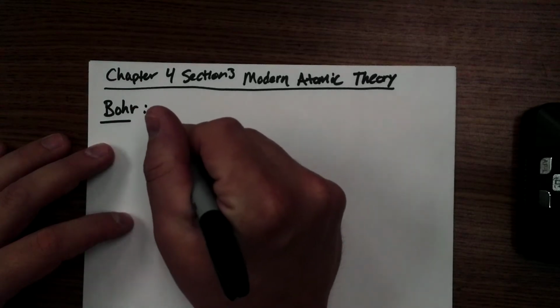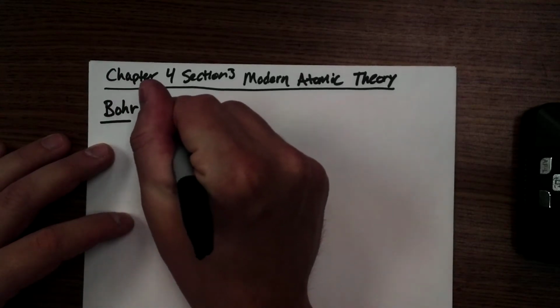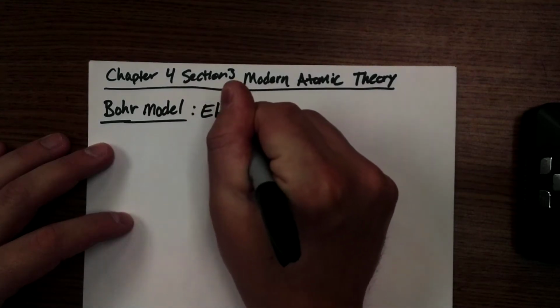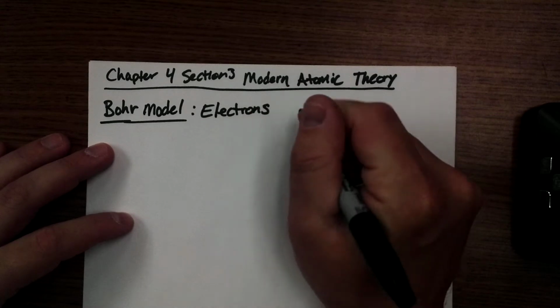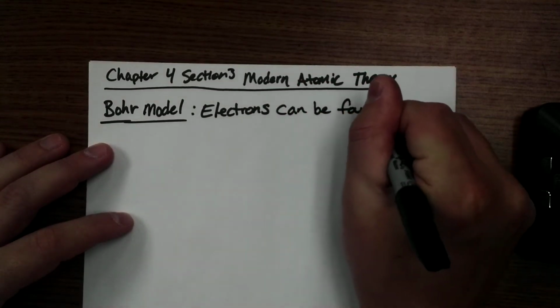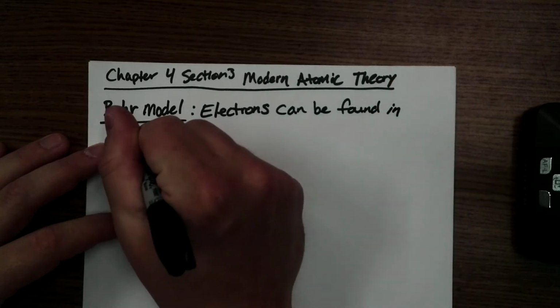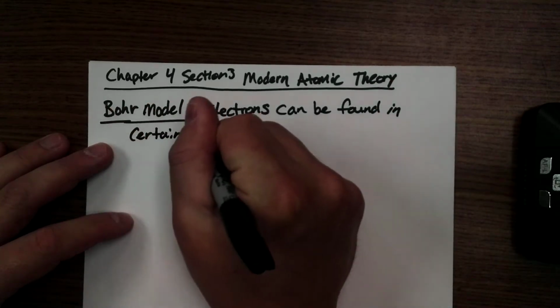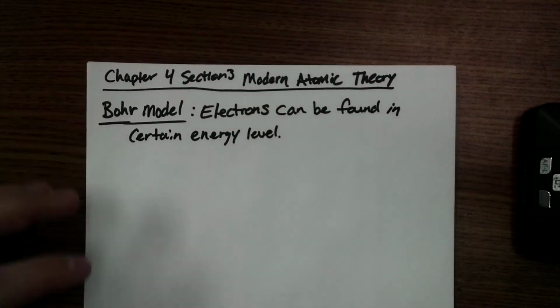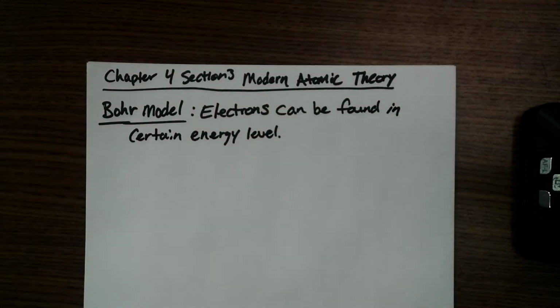So in the Bohr model, electrons can be found in certain energy levels.